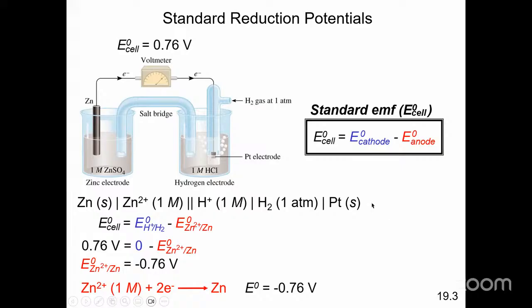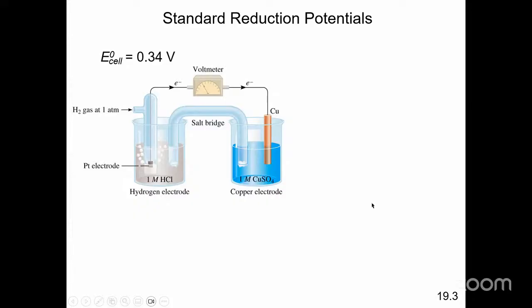So for the situation with the copper electrode, again, we hook up the standard hydrogen electrode to the copper electrode. So that's the setup right here. And what we'll notice is that the electrons will be flowing from the hydrogen electrode to the copper electrode, all right? So when the cell EMF is measured, it was measured to be 0.34 volts, all right?